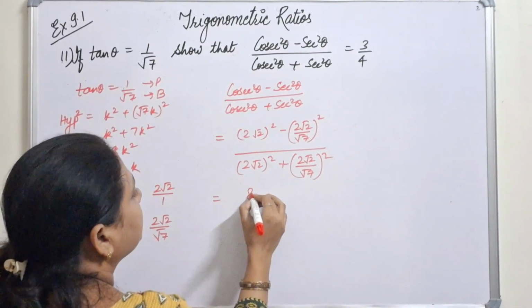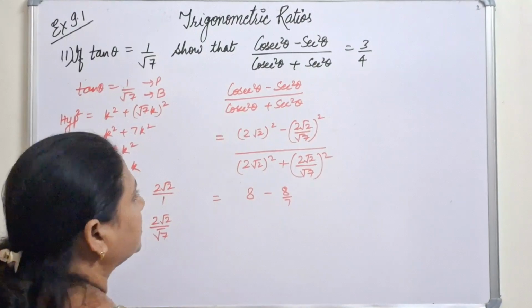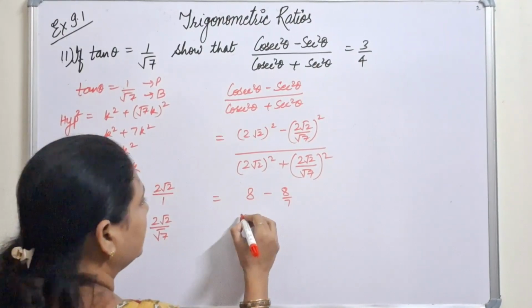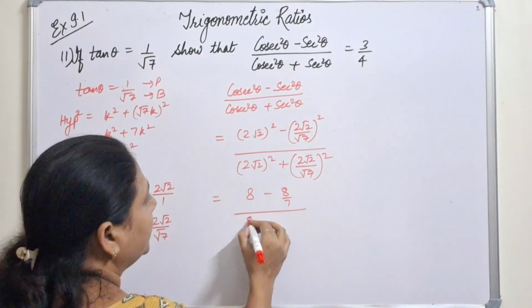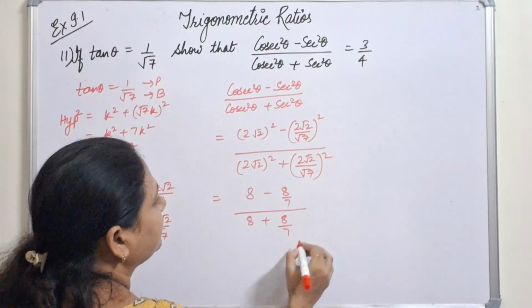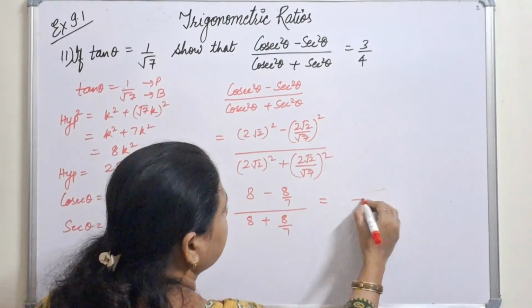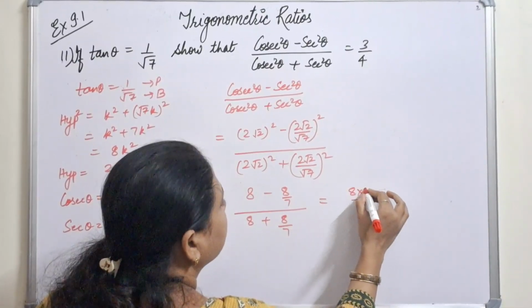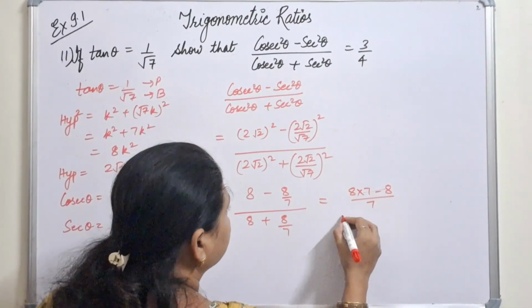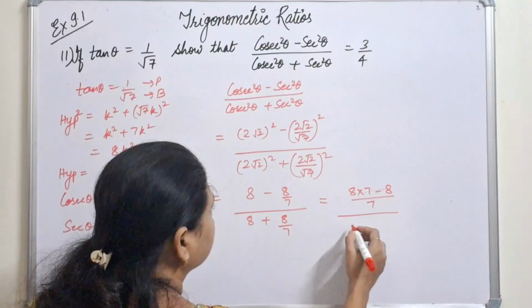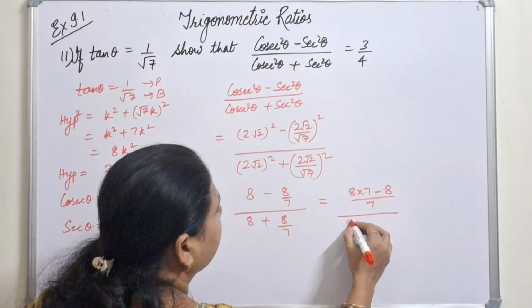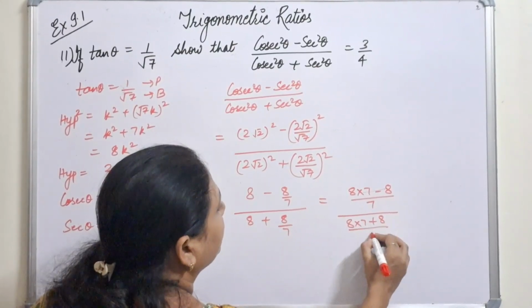So this will be 8 minus 8 upon 7, whole upon 8 plus 8 upon 7. So LCM will be 7. 8 into 7 minus 8, whole upon 8 into 7 plus 8 upon 7.